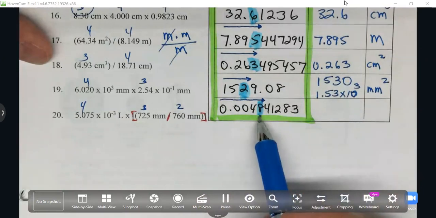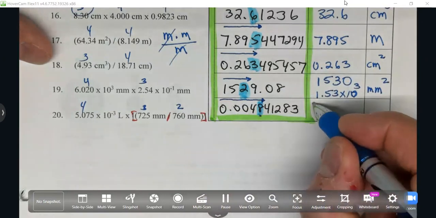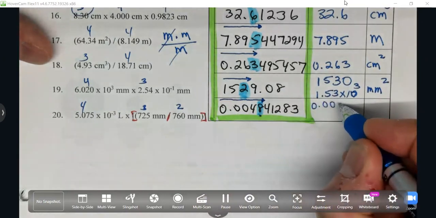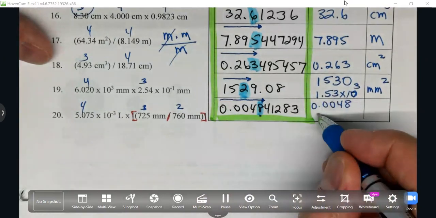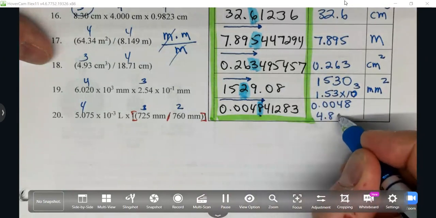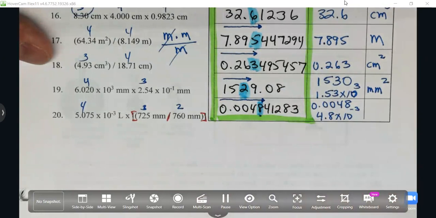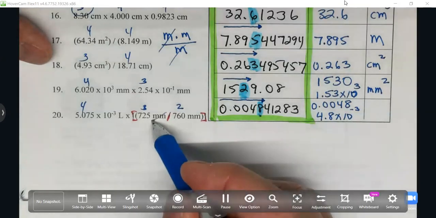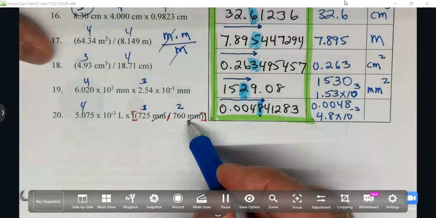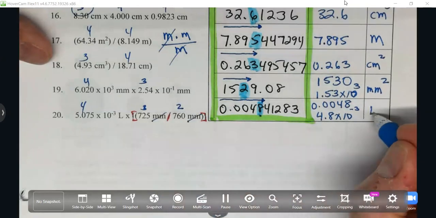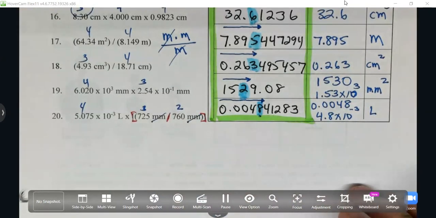That 4 is going to keep that an 8. So we get 0.0048. Or 4.8 times 10 to the minus 3. And my units, this millimeters over millimeters is going to cancel. I'm going to end up with meters.